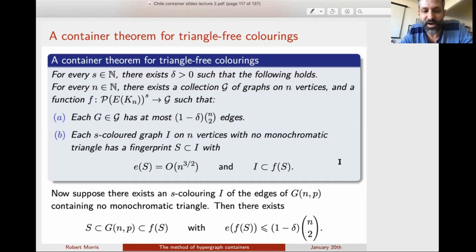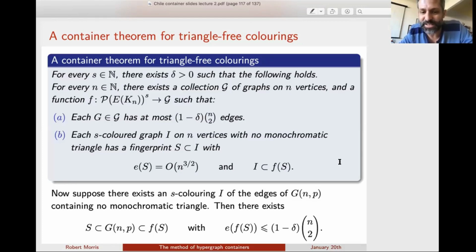The point is that I is just an S coloring of all of the edges of G(n,p). So if I is contained in f of s, then G(n,p) is contained in f of s. So now we've thrown out I, we just know that S is contained in G(n,p), and G(n,p) is contained in f of s. So the whole random graph is contained in this container.